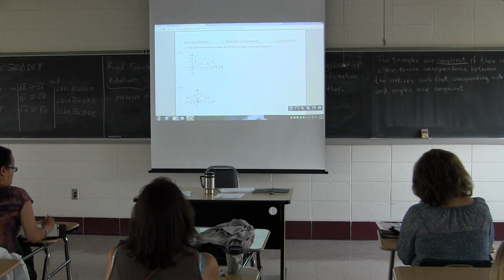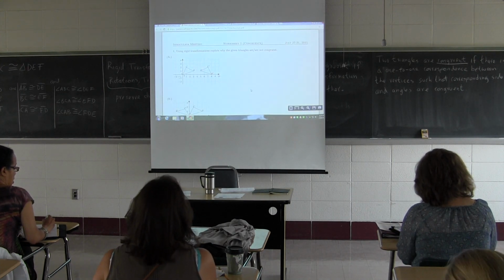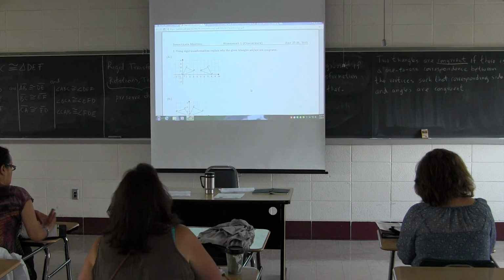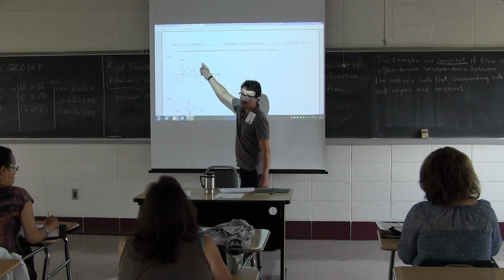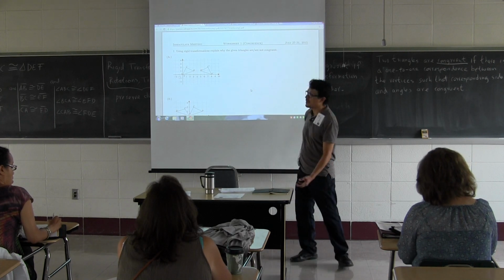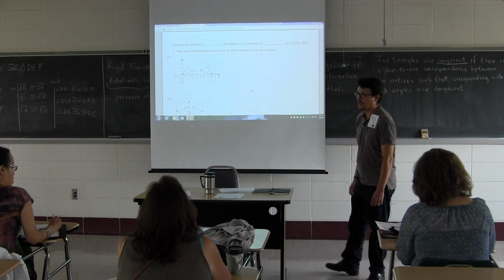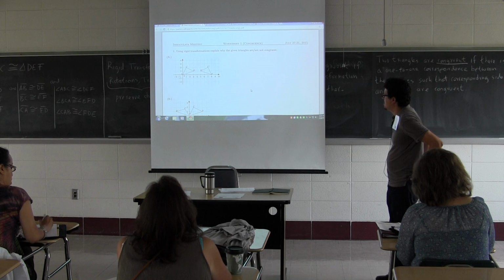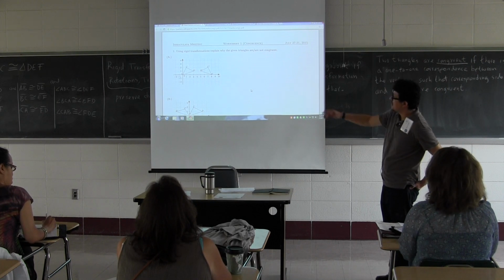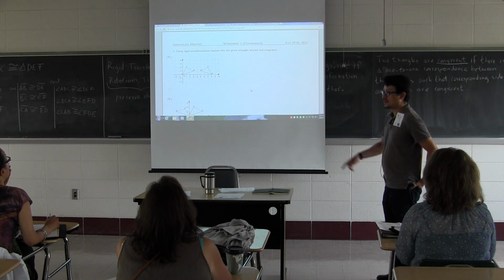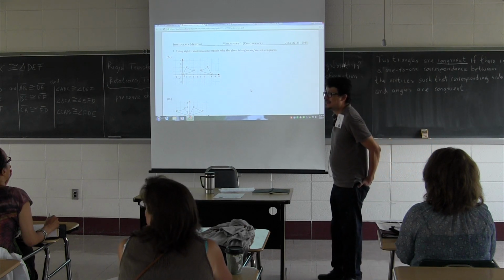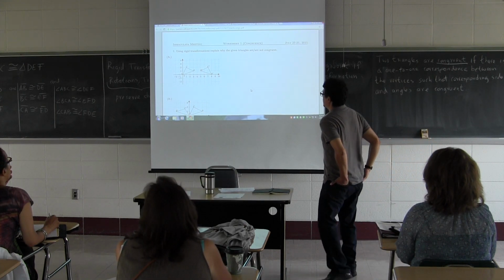Okay, so this first worksheet, we want to figure out if the given triangles, using only rigid transformations, are congruent or not. Right? So what do you think about the triangles in item A? They are? Why? Reflected over the line.